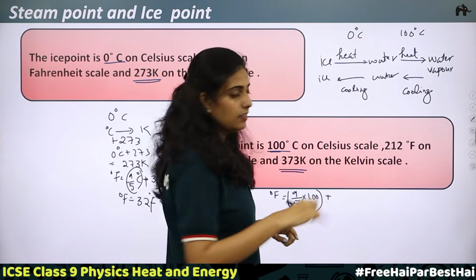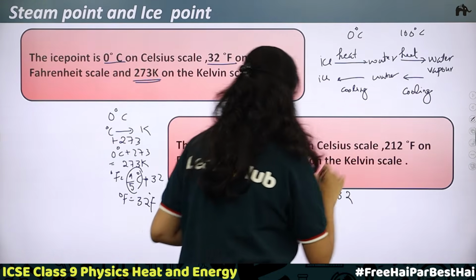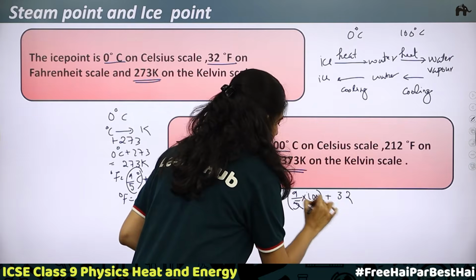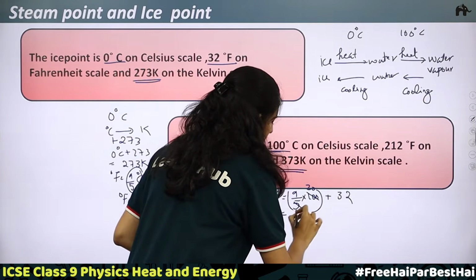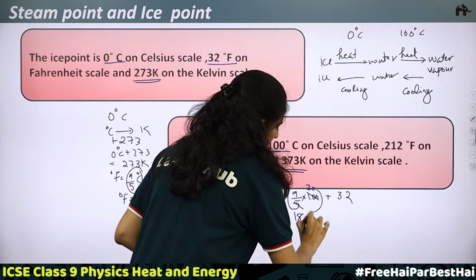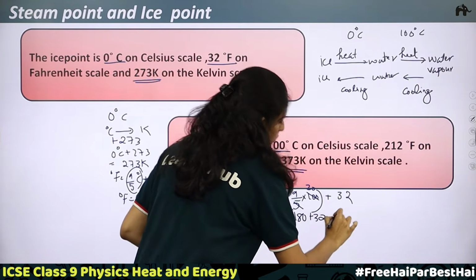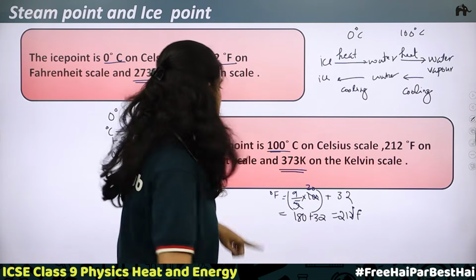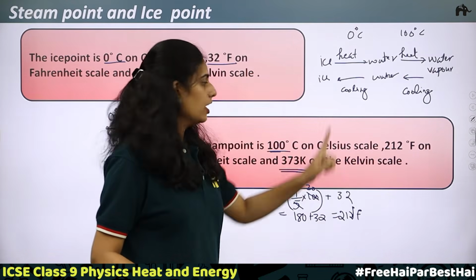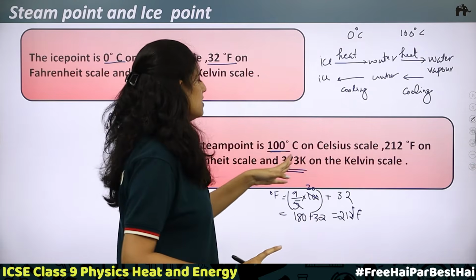Cancelling 5, we get 20. 9 into 2 is 18, 18 into 0 is 180. 180 plus 32, you will get 212 degrees Fahrenheit. So the steam point is 100 degrees Celsius, 212 degrees Fahrenheit or 373 Kelvin.